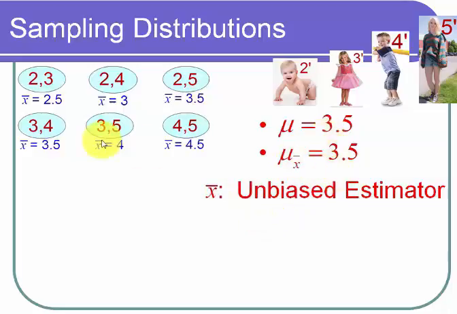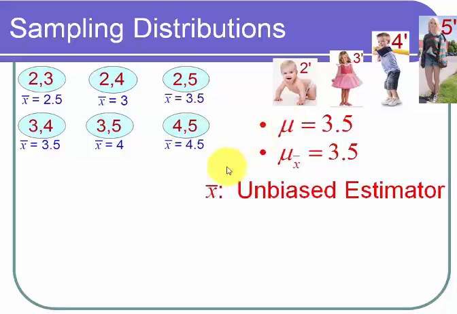So the question is, if you have a sampling distribution like so, then is any statistic an unbiased estimator of its corresponding parameter? So x bar is an unbiased estimator of mu because mu sub x bar is equal to mu. In other words, is the average of all the means equal to the population mean?